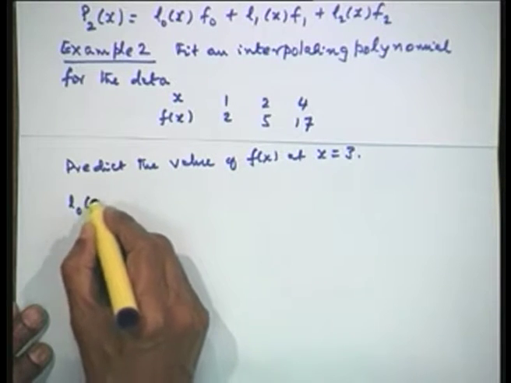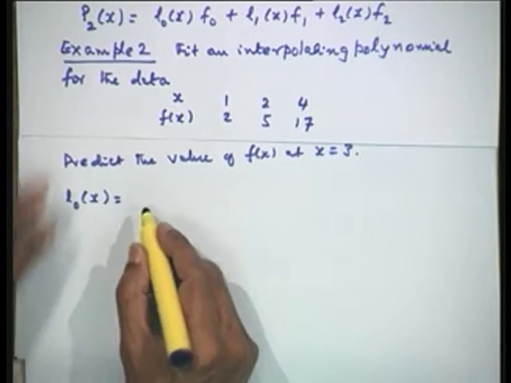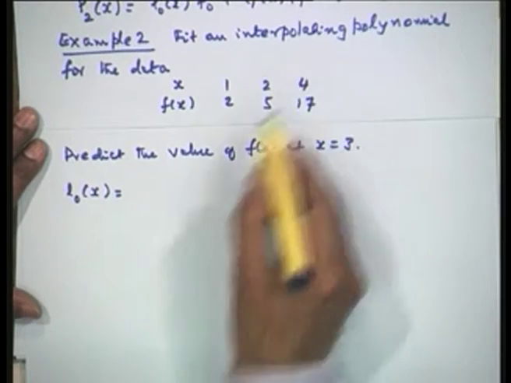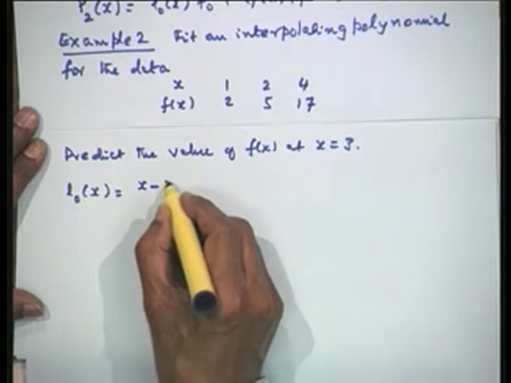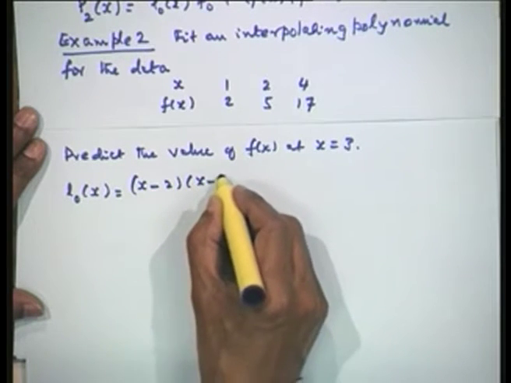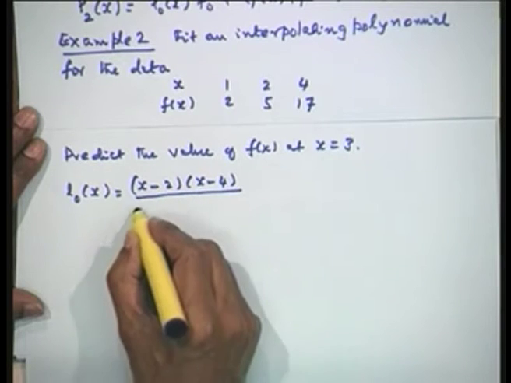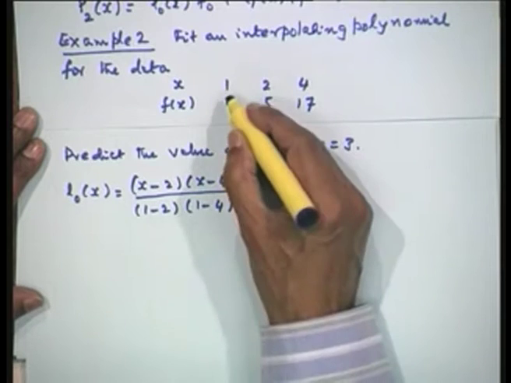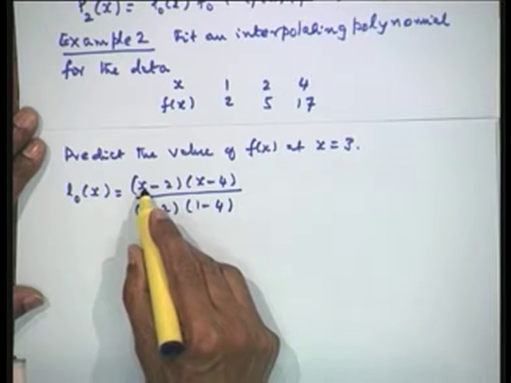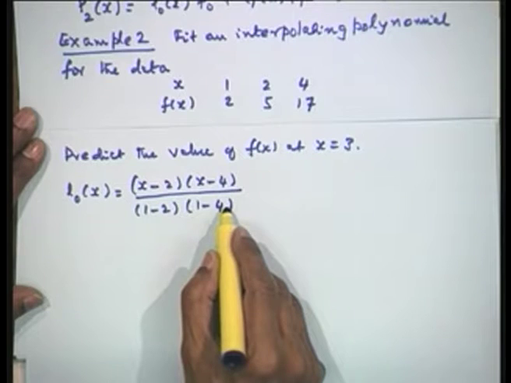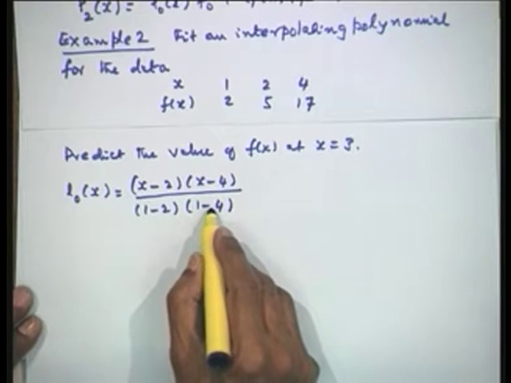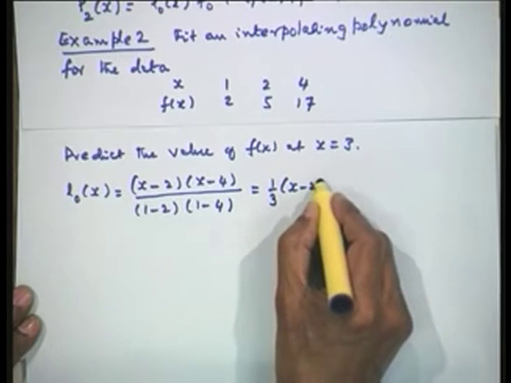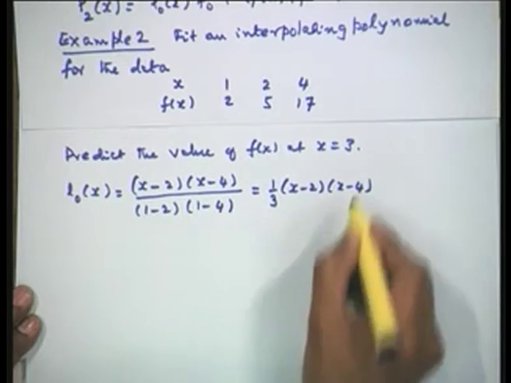So, L0(x) is equal to, our x0 is 1, x1 is 2, x2 is 4. So, I will have here x minus 2 into x minus 4 divided by 1 minus 2, 1 minus 4. x0 is 1. So, I am substituting x0 is 1, 1 minus 2, 1 minus 4. So, this gives minus 3 minus 1. So, this is plus 1 upon 3 (x minus 2)(x minus 4).